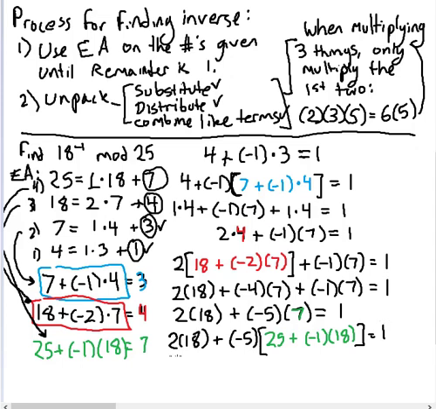And so now, again, distribute. -5 times -1 is +5.